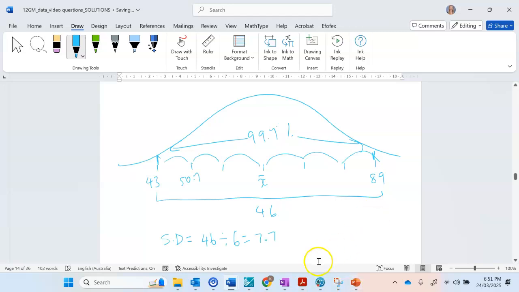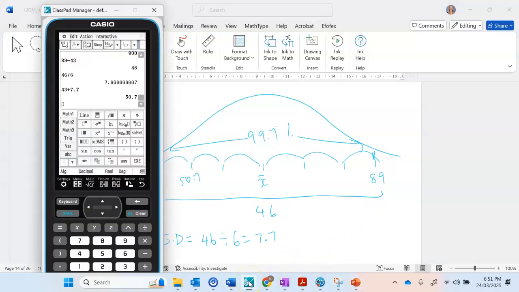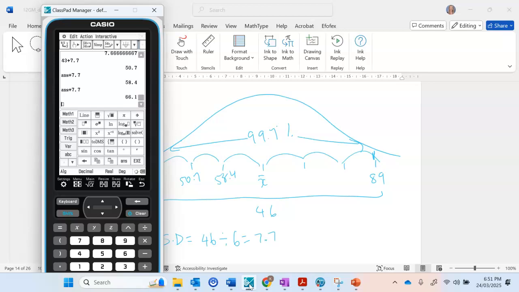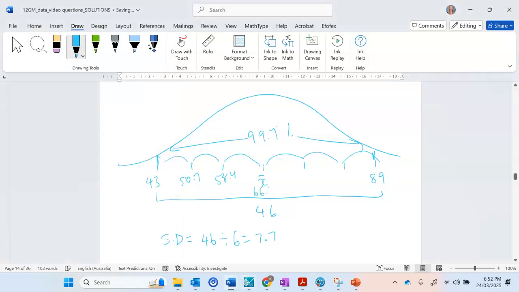Then we're going to add 7.7 again to get 58.4. And then we're going to hit the mean. So we've answered the question if I add another 7.7, so 66.1. You could keep going, and you should get to 89 or approximately 89. We did have to round. So our mean is equal to 66.1.